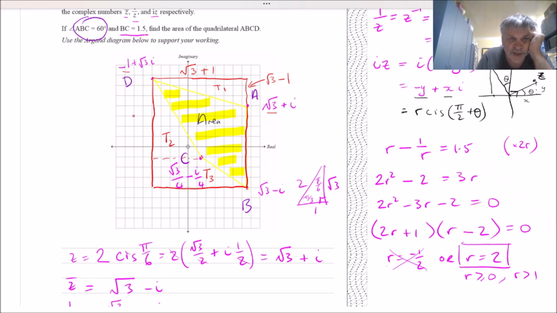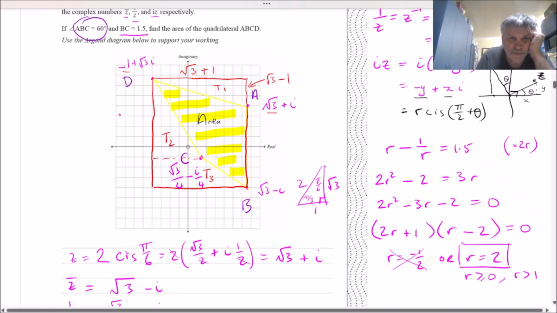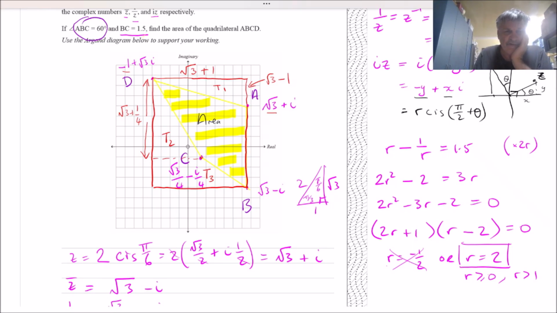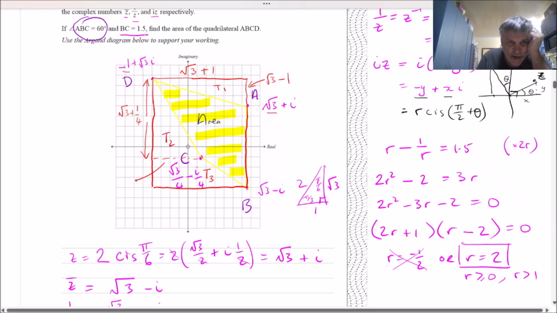So this bit here will be root 3 plus 1 over 4. That's from here down to here. And here, or here across, we're going to have, so it's back to minus 1, and it goes over to root 3 over 4. So we have in here 1 plus root 3 over 4. It's the total distance across.